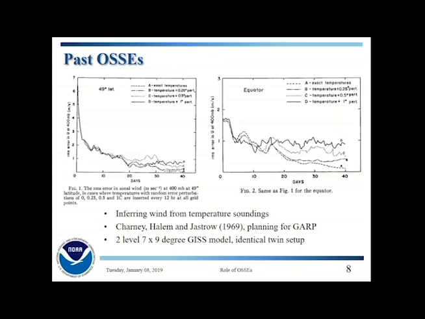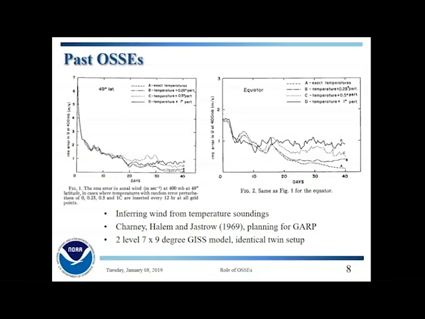So this is an OSSE from the past. This is from the Charney, Halem, and Jastrow 1969 paper, which was used for planning for GARP. The two pictures I'm showing, which maybe are a little small, show the RMS wind error at 400 millibars.